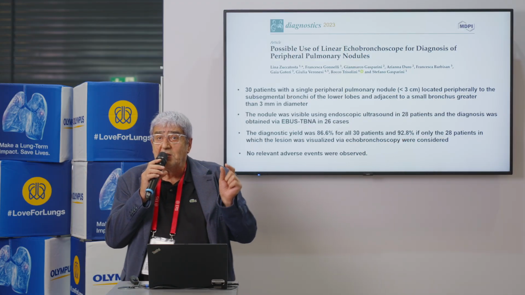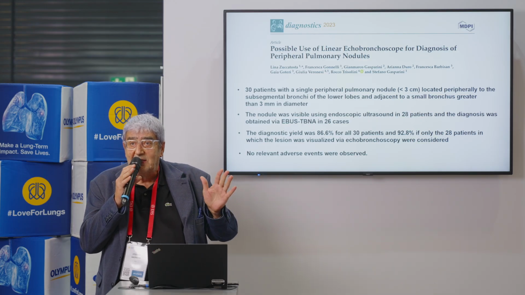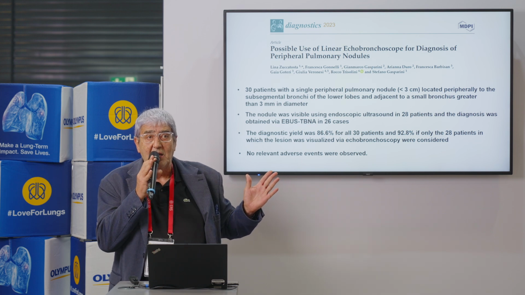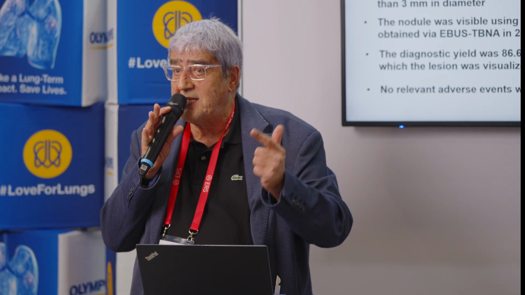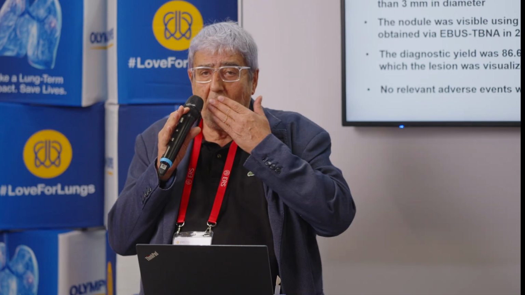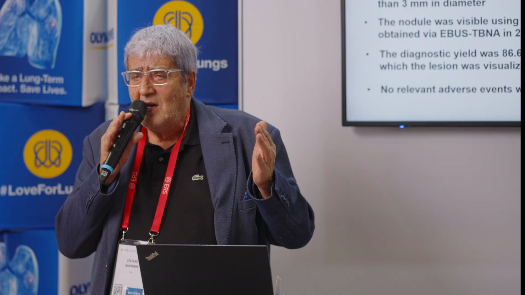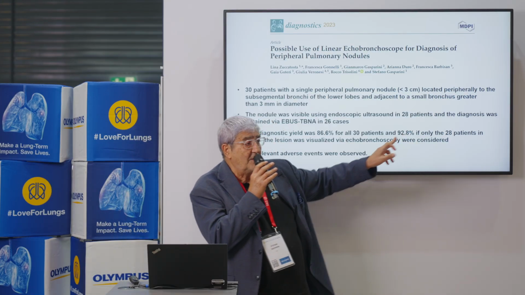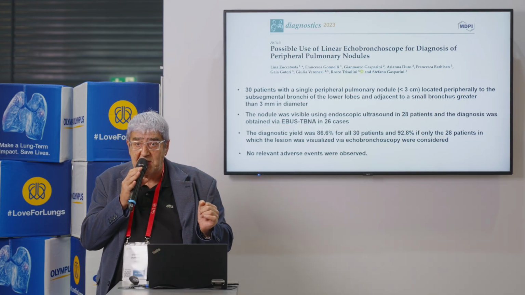For nodules less than 3 centimeters, that is a value greater than with any other technological tools. You can use robot, you can use combined CT, you can use electromagnetic navigation, but you will never reach 92% sensitivity that you can get with EBUS-TBNA.